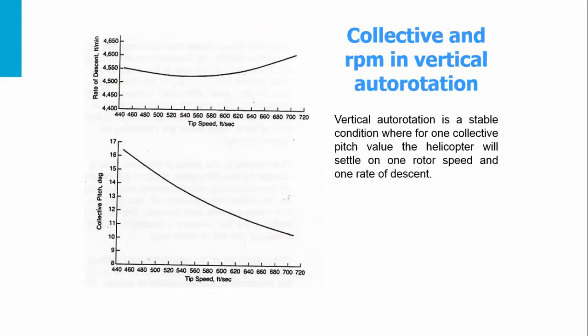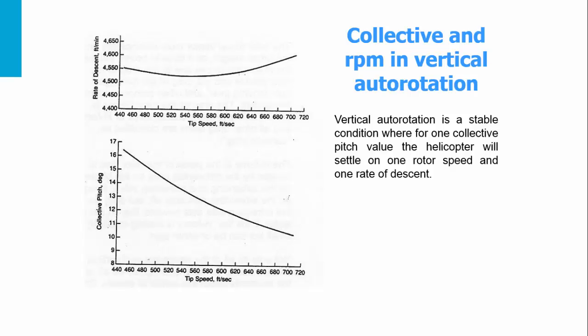The collective and the rotor RPM in vertical autorotation have a certain value for every condition that you apply to autorotation. Here you see for a helicopter the tip speed omega r as a function of the rate of descent and collective pitch.